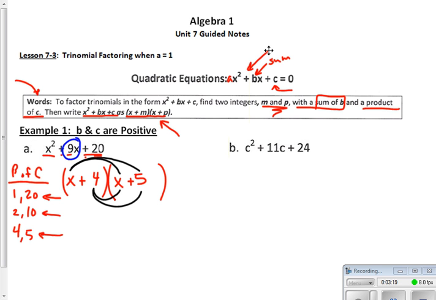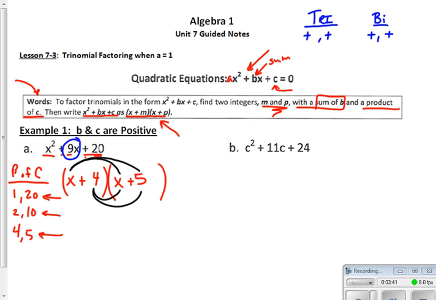I'm going to give you a little cheat sheet here. If your trinomial up on top is in standard form, and the trinomial is plus plus, the binomials will be plus plus.